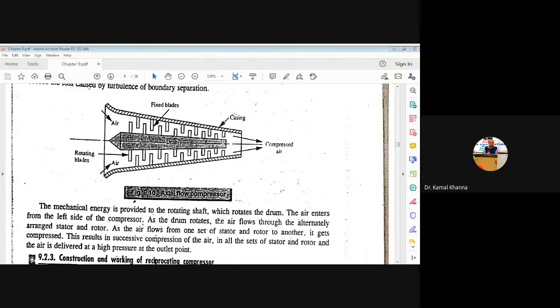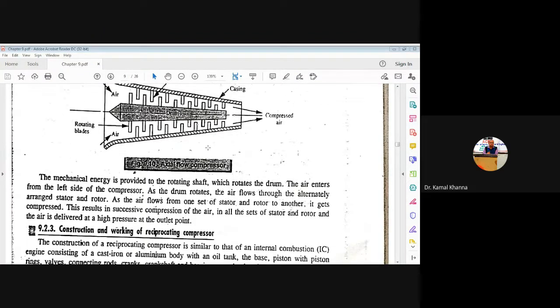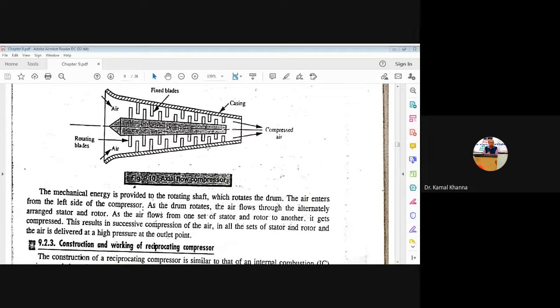As the air flows through the alternately arranged passages in between these blades, it is compressed as soon as it flows into the section of these blades. This results in a successive compression of the air, and hence at the last phase, or at the exit of the compressor, we have the pressure regulator from which we can see the value of the pressure.